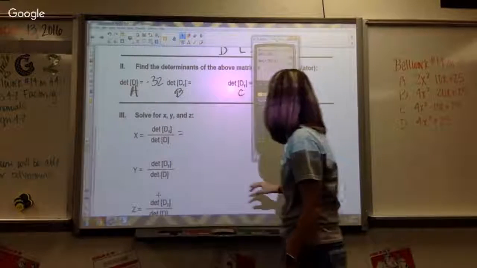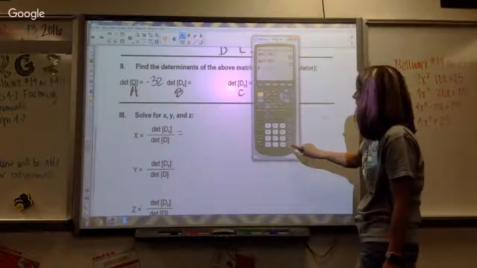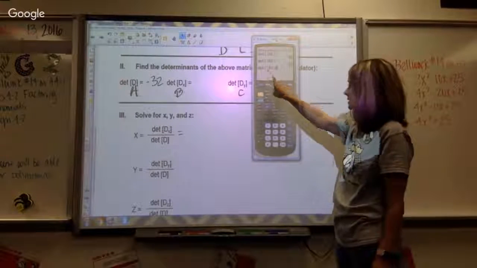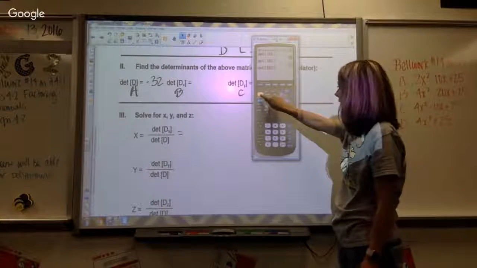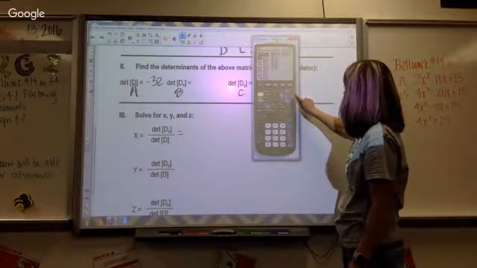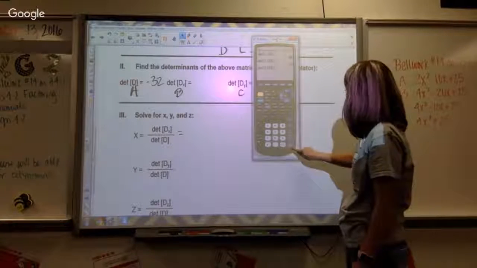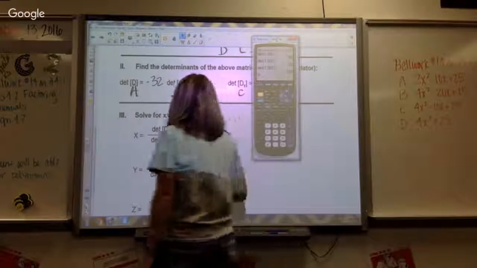And then we're going to do the same thing for the others. So I'm just going to do second, enter, and just enter in that determinant again, and then go back and edit. So second matrix, name B. So -160.